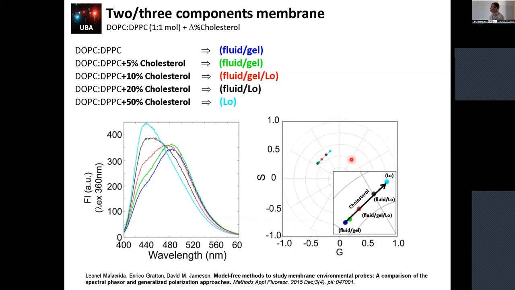Well, let's see if phasors help us in that way. When we transform the same data to the spectral phasor, you see that it's very simple: everything falls in a line, and what is changing is basically the fluidity and the dipolar relaxation and polarity, and all the points are in a linear combination between the beginning and the end of the trajectory.